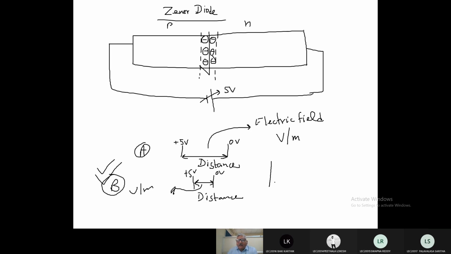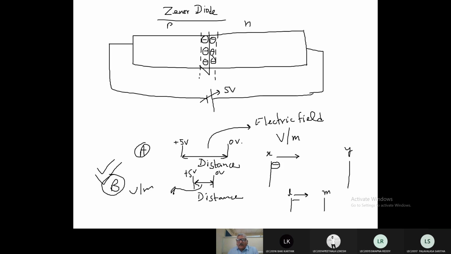Now another point I will tell you. Suppose this is the distance, right? One electron is here at this point X, moving in this direction towards Y. So in an electric field, it is moving in this direction. Now see another case. One electron is here, this place is L and this place is M. Again, it is moving in this direction.